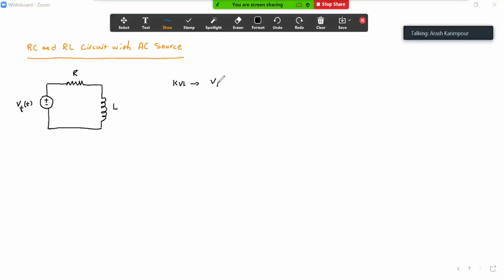So I write VR plus VL minus VT should be 0. If I rewrite that equation, it's going to be the voltage at the inductor, VL, plus the voltage at the resistance, VR, is equal to the voltage at the source, which is now time dependent.